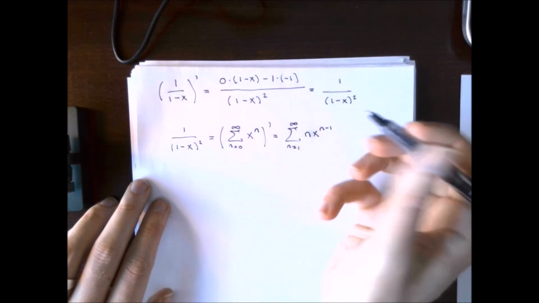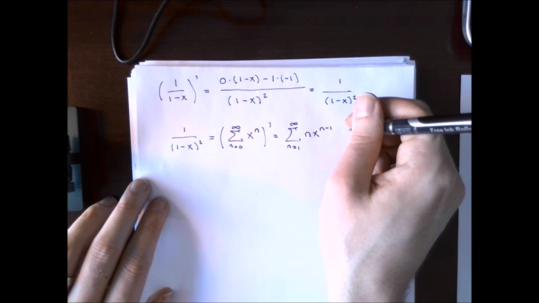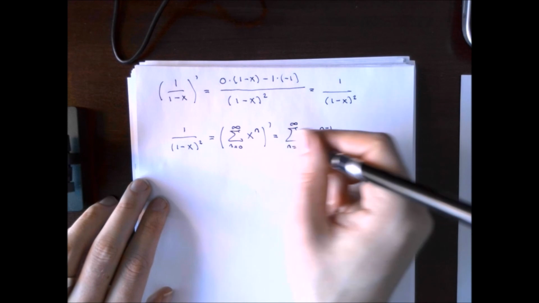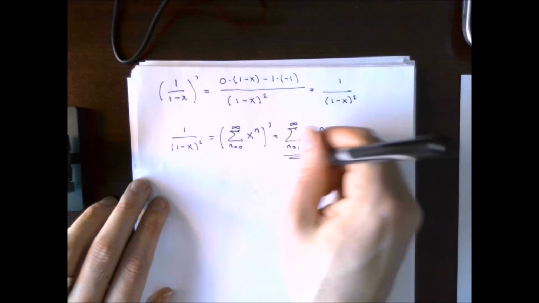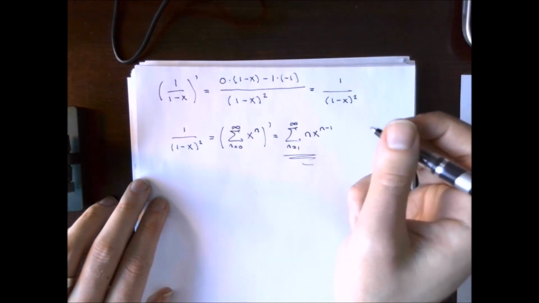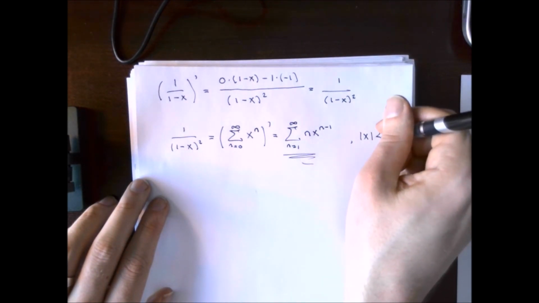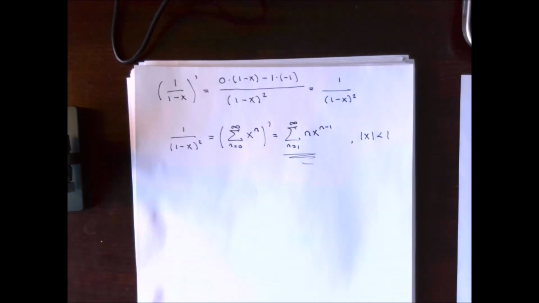Notice that the first term is just 0. And this would be the Taylor series of 1 over 1 minus x squared, valid when the absolute value of x is smaller than 1.